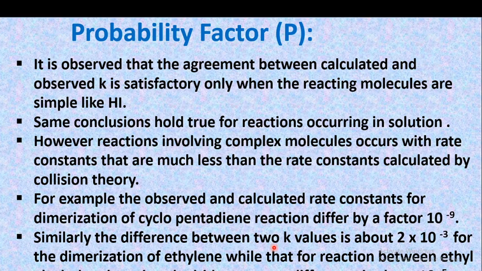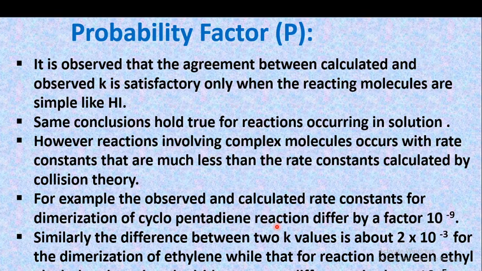Similarly, the difference between the observed specific reaction rate and the calculated specific reaction rate is about 2 into 10 raised to minus 3 for the dimerization of ethylene, while that for the reaction between ethyl alcohol and acetic anhydride vapors is about 10 raised to minus 5.